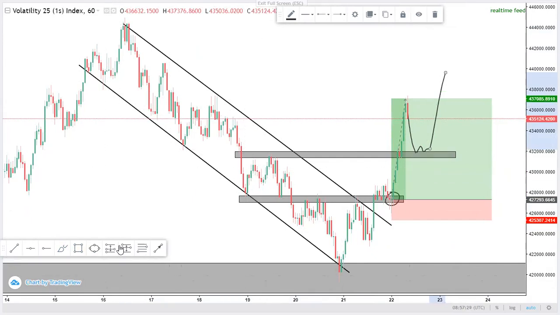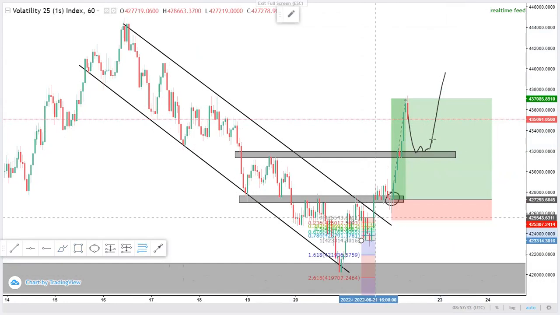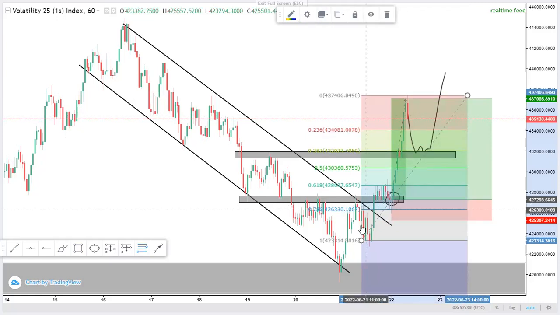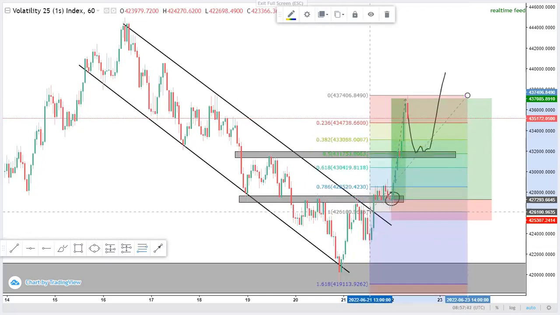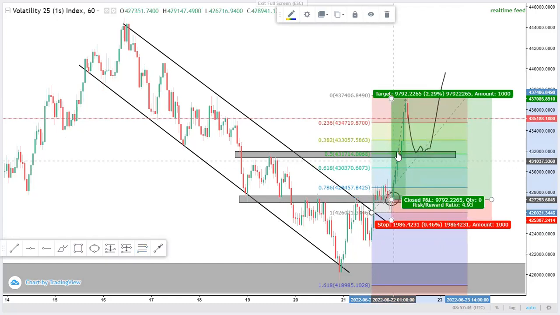So let's see, using a Fibonacci tool, what level that is going to be. Based on the fact that we have a structure here after the breakout, that's going to be 50% within that area.